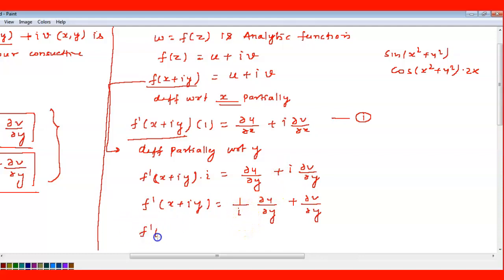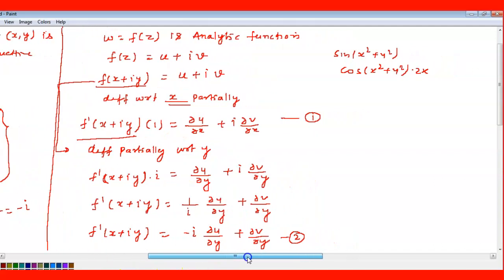So f dash of z is equal to, keep in mind here, 1 upon i is equal to minus i. So minus i del u by del y plus del v by del y as it is. This one consider equation number 2.